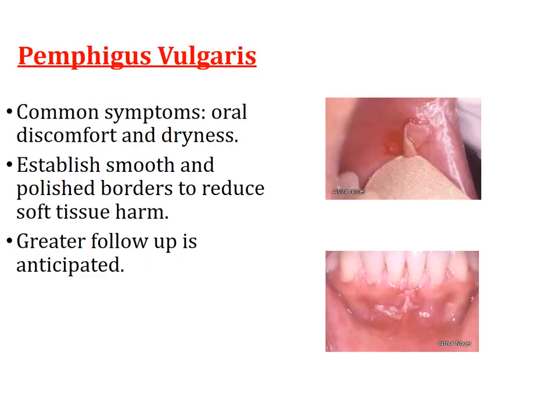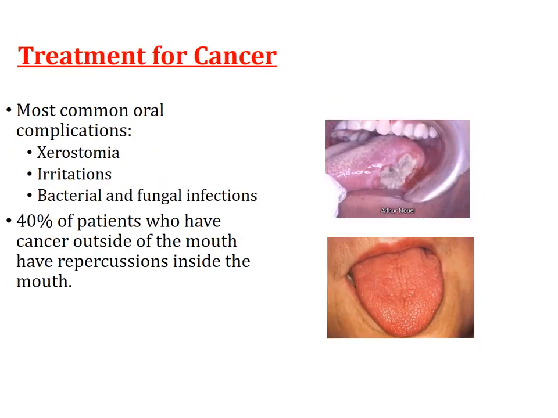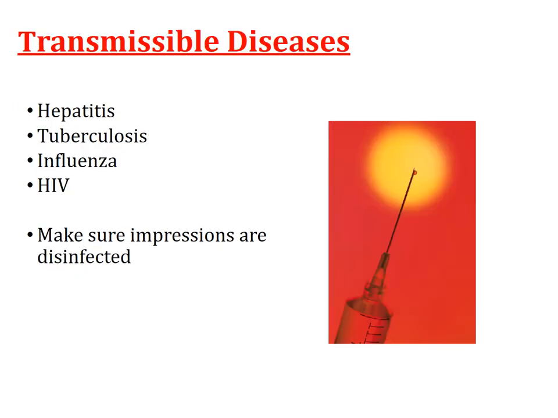And again, the same things for pemphigus vulgaris, any history of cancer treatment, xerostomia, and burning mouth syndrome, which is also seen in menopause. Also, if any patient has a transmissible disease like hepatitis A, B, tuberculosis, or HIV, in such cases you have to take extra care. This type of patient has to be the last appointment of the day, and the same instruments used for examining the patient have to be used for the treatment appointment.